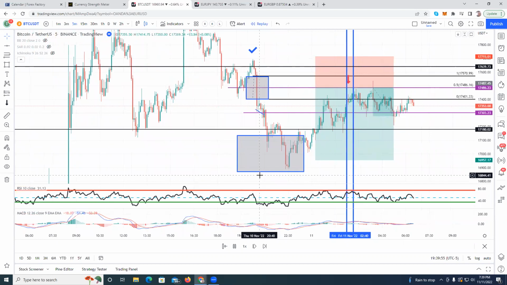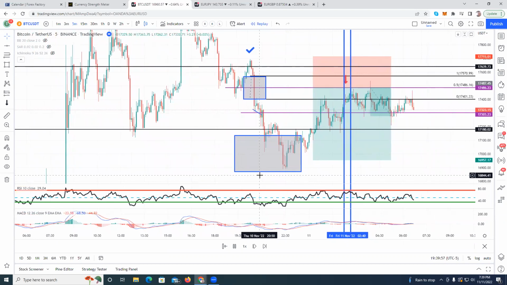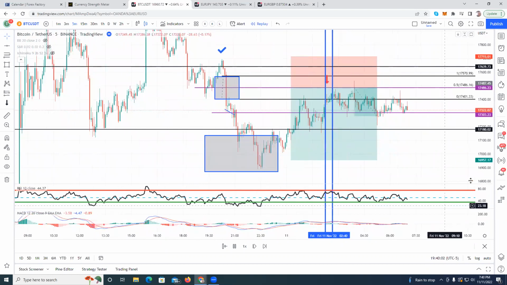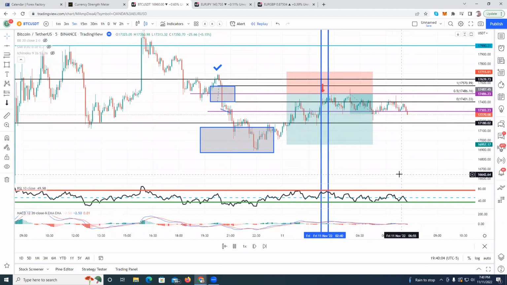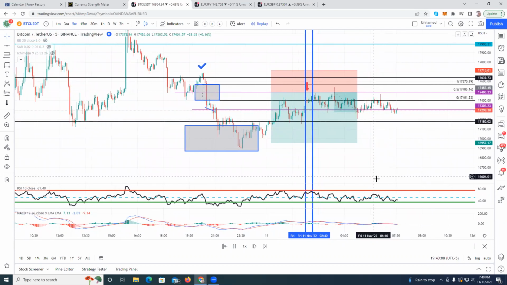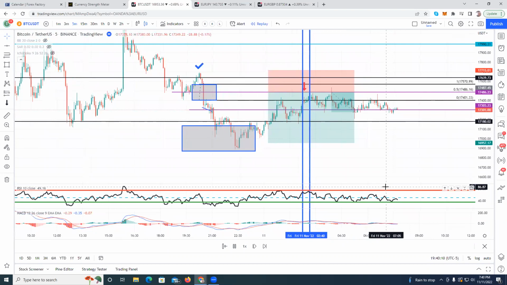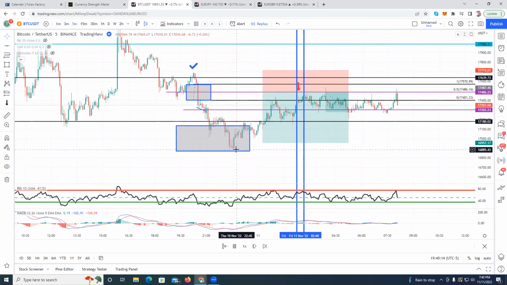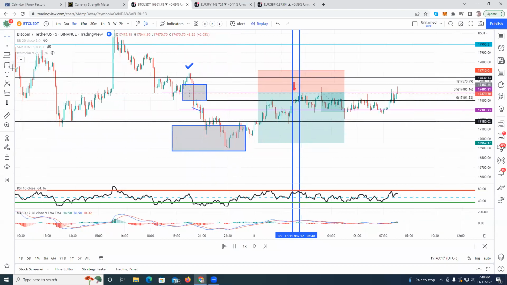If I'm selling and unsure of where the market is headed, but I believe it is going down, I'm not sure if it's going to create a new low, where would my take profit be? It would be at the previous low, guys. It would be at the previous support. Exactly.